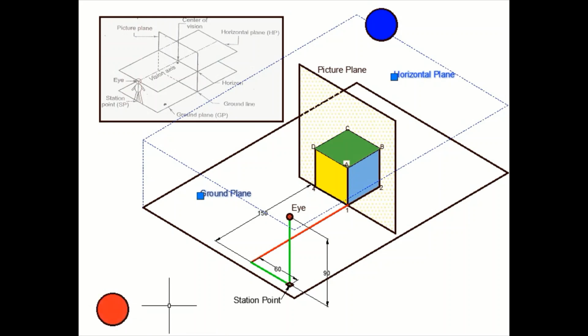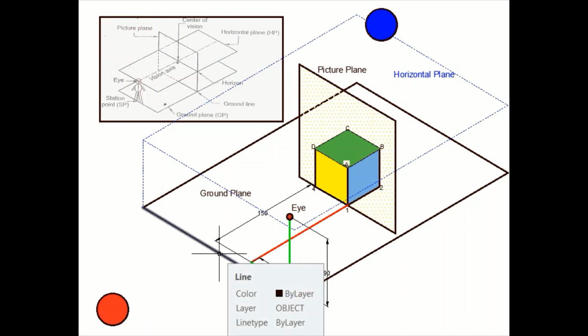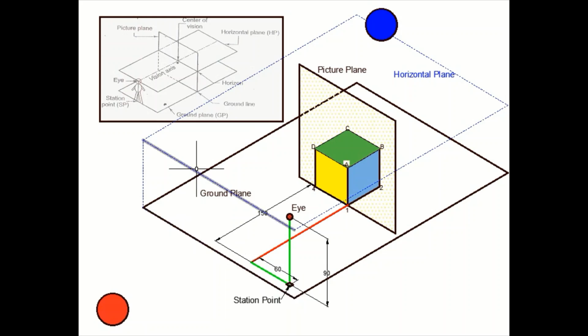As far as the object is concerned, the object will look like a yellow square face, that is AD41, from this location. So from this location you will be able to see the horizontal line representing the ground plane, another horizontal line separated by a gap of 90 mm. That horizontal line will represent the horizontal plane, and the object itself will look like face AD41.